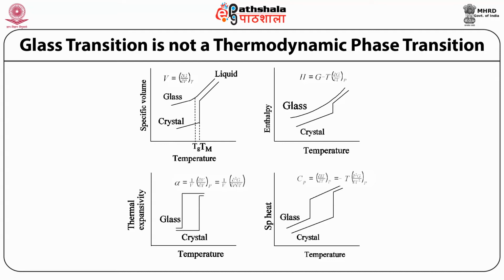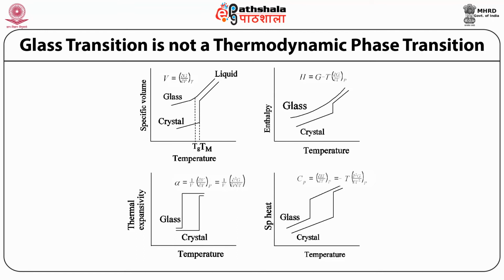Similarly, the enthalpy signifies the same thing. On the right side, you can see the variation of enthalpy with respect to temperature. The enthalpy, which depends on the first derivative of G, is given as H = G − T(∂G/∂T) at constant pressure. The enthalpy does not change, but the heat capacity does, which involves the second derivative of the free energy, changing at the transition temperature.